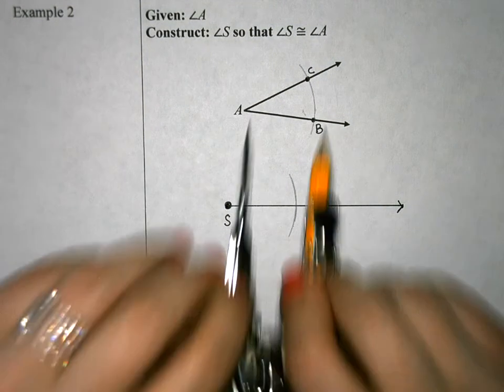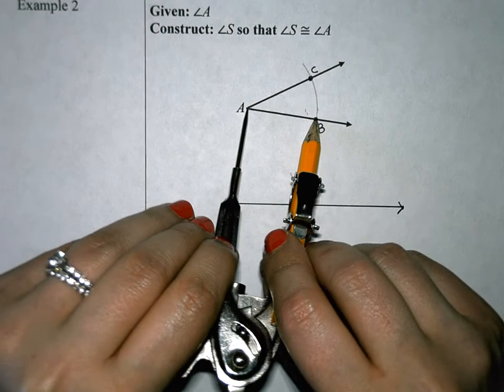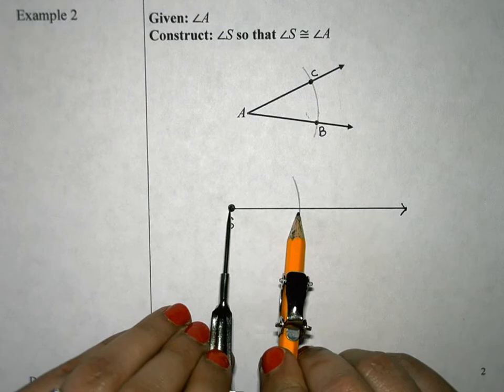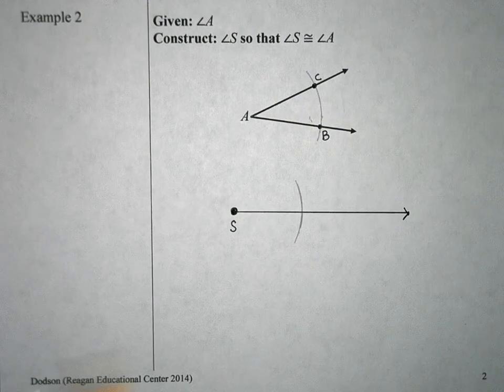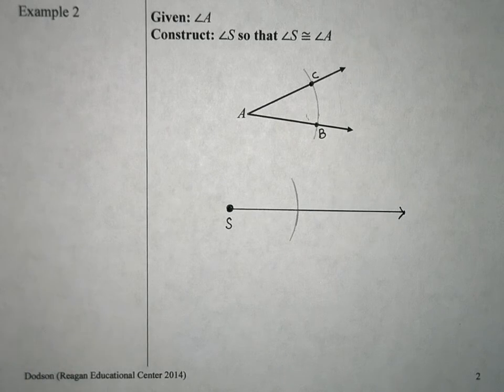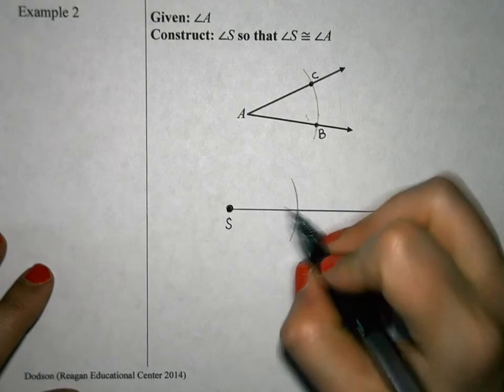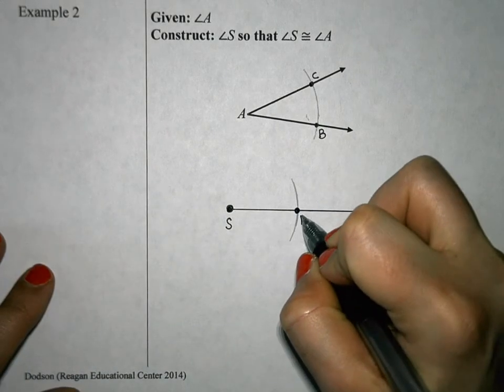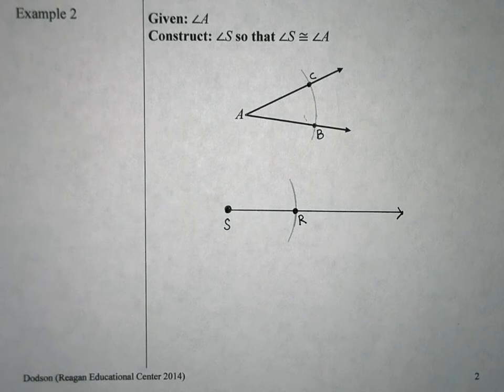So I used the exact same setting that I had just used here, and then I brought it down here and drew an arc on my ray that I made myself. We are going to label that point R, but like I said, you can label it whatever you want.